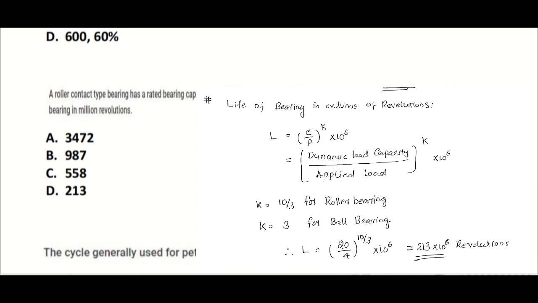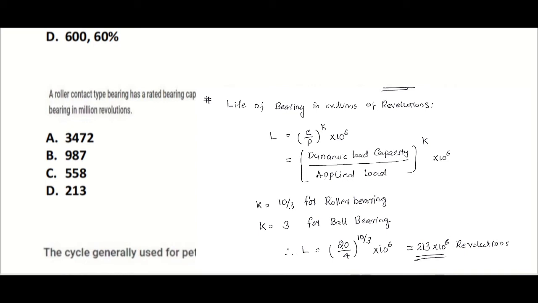The dynamic load capacity is given as 20,000 Newton and the design load is 4,000 Newton. The K value is a constant. For a roller bearing we consider 10 by 3 or 3.33 as the K value, and for a ball bearing K equals 3.